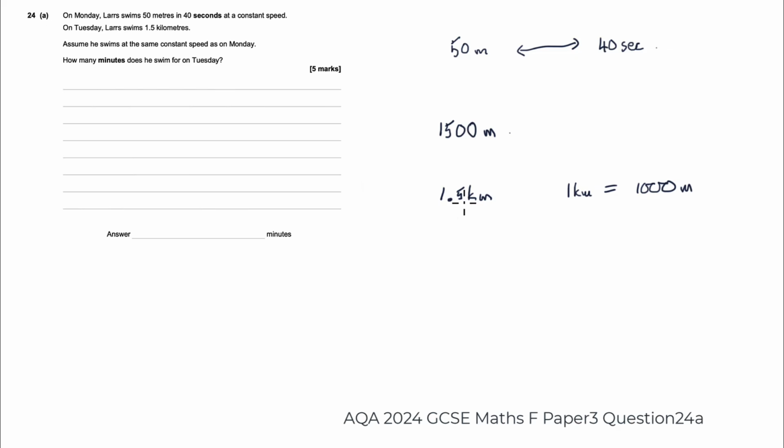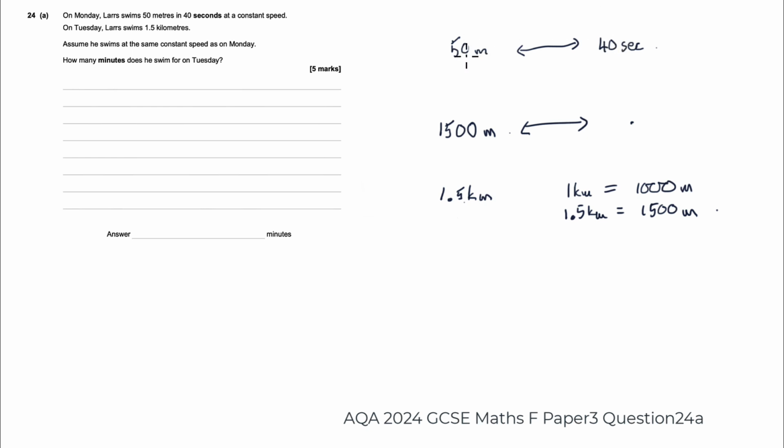So 1.5 will be 1,500 metres. So we have to work out how long it will take him to swim 1,500 metres at the same constant speed. So what we can do is to say, well, here's 50 metres, takes him 40 seconds.